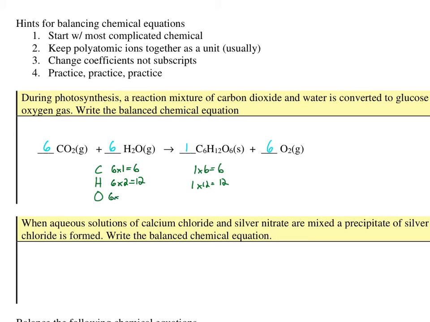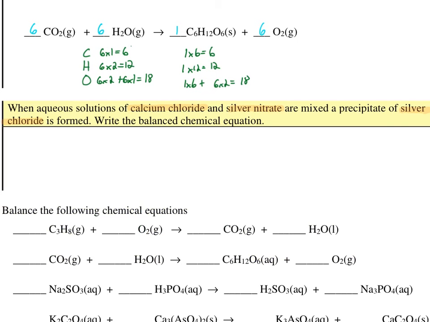Oxygen, 12 from CO2, and 6 from the water. So we have a total of 18 oxygen atoms in the products. We also have 18 oxygen atoms in the reactants, so we're balanced.